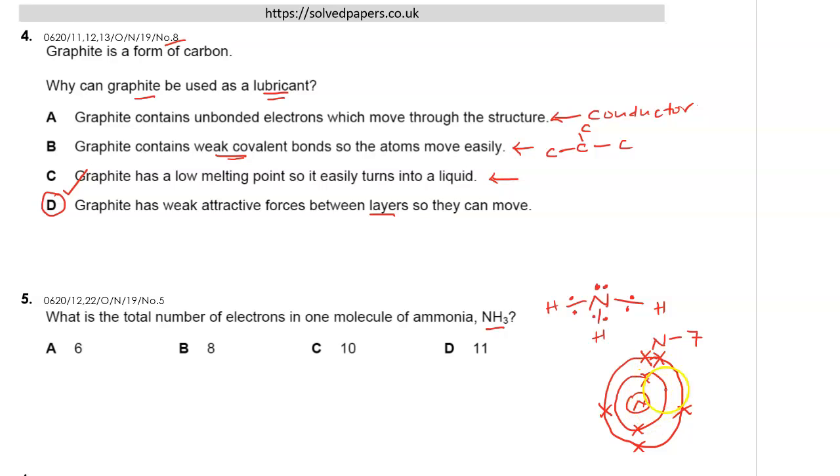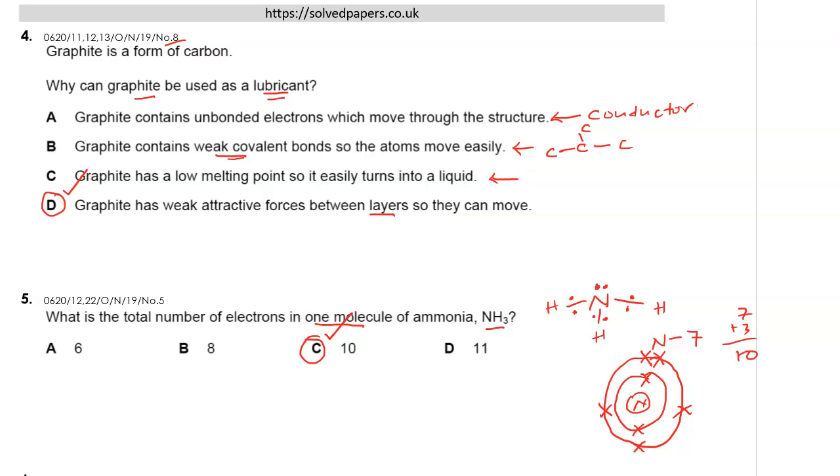So in total, nitrogen has 7 electrons, and then each hydrogen brings 1 electron. Therefore, the total number of electrons in one molecule of ammonia is 7 plus 3, which gives us 10. So 10 is the right answer there.